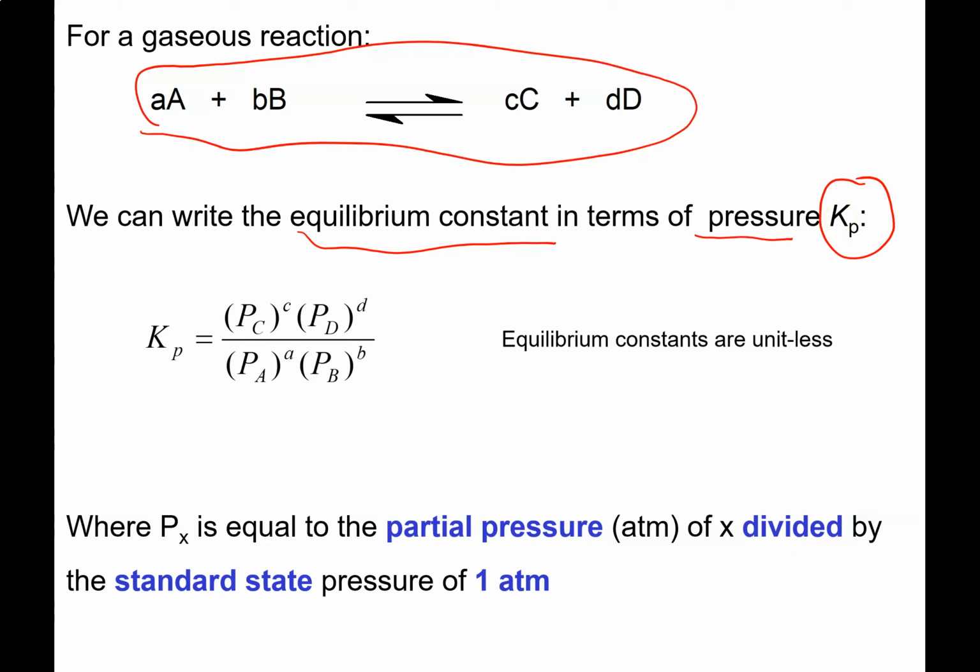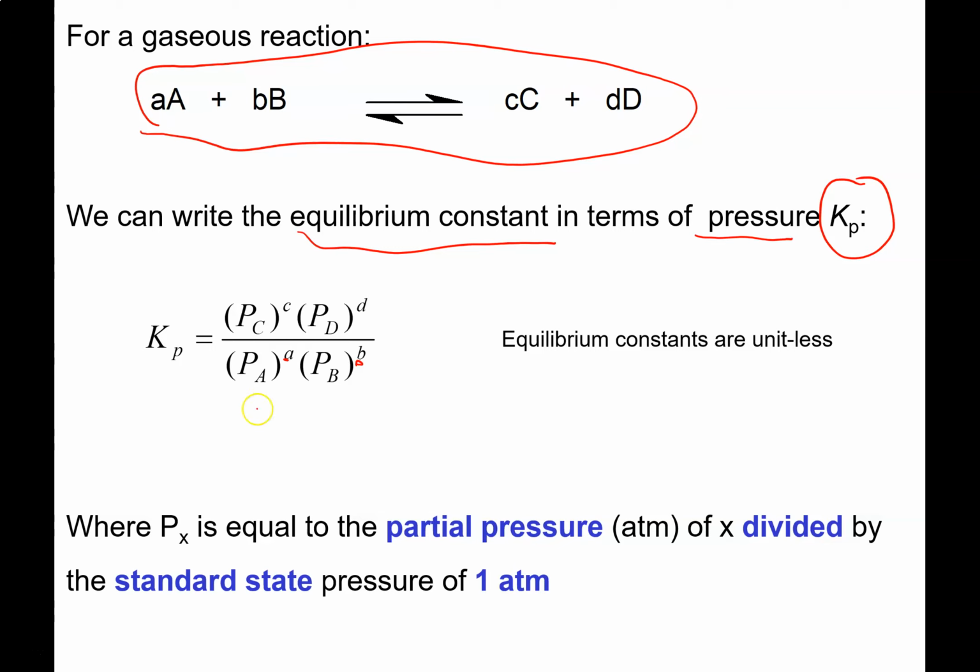In this case, we take the partial pressure of each of our products multiplied together, each raised to the power of its stoichiometric coefficient. We divide that term by the partial pressure of each of our reactants multiplied together, and each of these partial pressures will also be raised to the power of the stoichiometric coefficient.